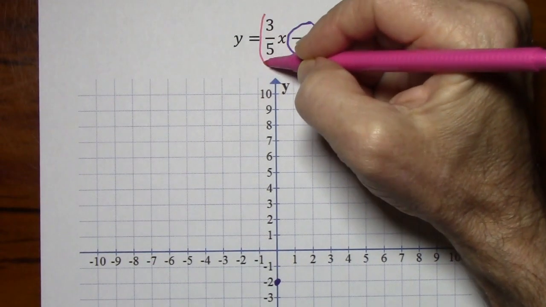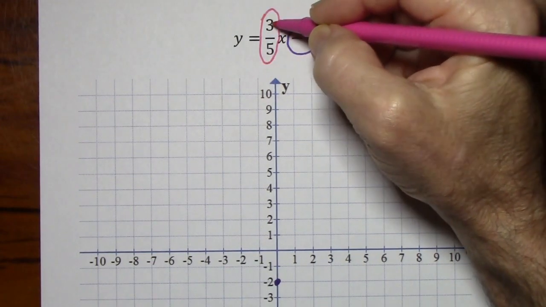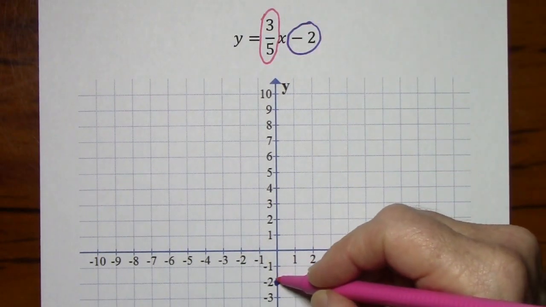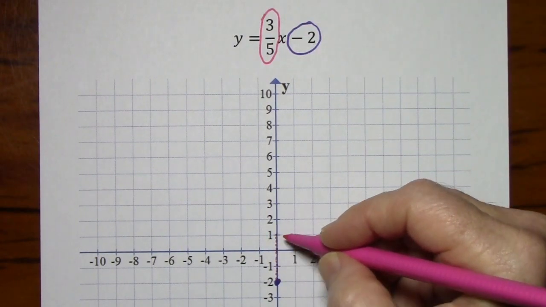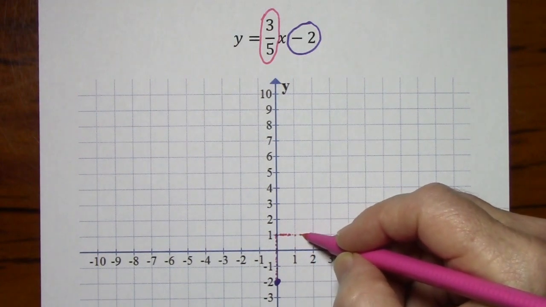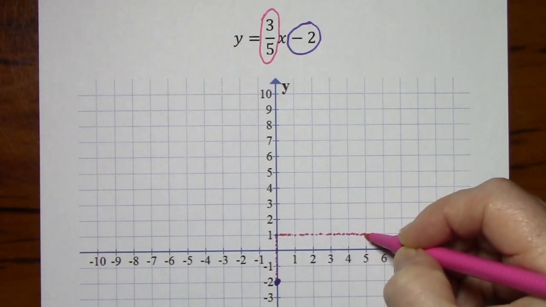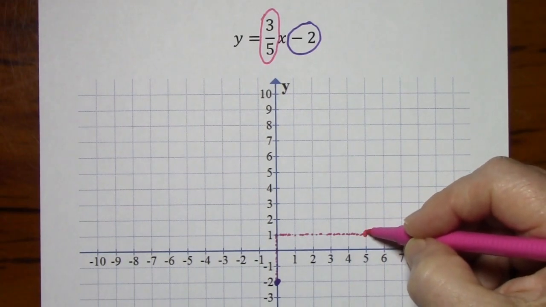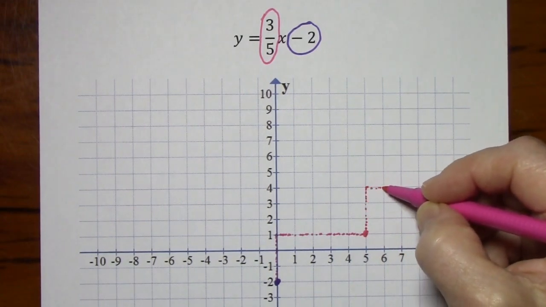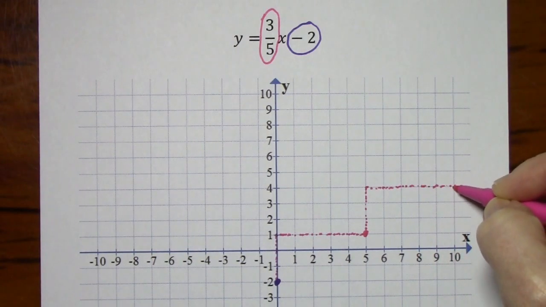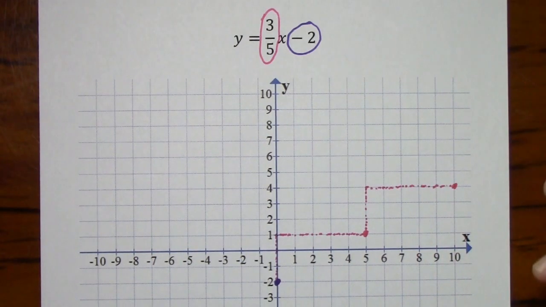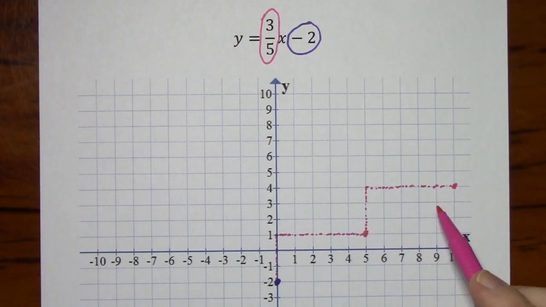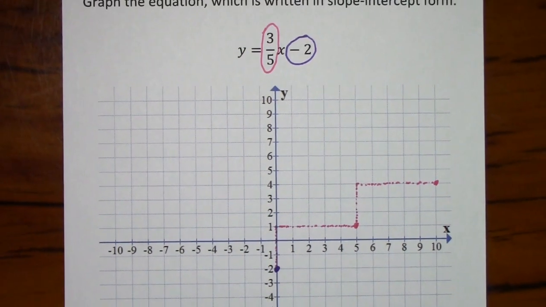Now the slope is rise 3 and run 5. So we go up 3 and we run 5 and put a dot. We could do it one more time. I just like having 3 ordered pairs because it's easier to make my line very accurate.